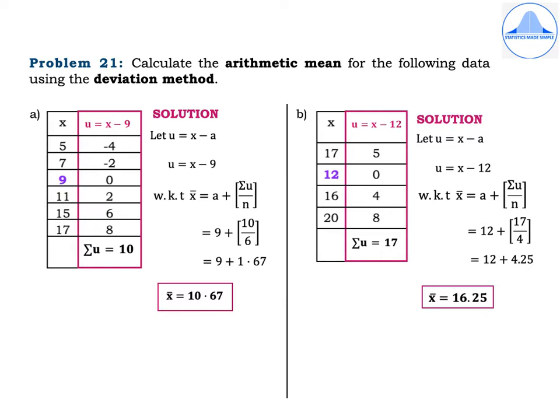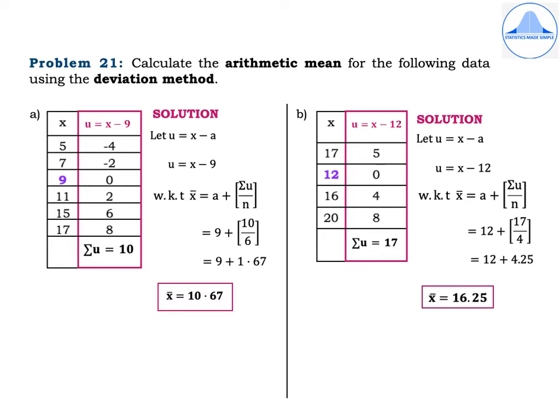Now in the table, you form the second column as u equal to x minus 9, and each x value is subtracted from 9 and listed down in the second column. So 5 minus 9 is minus 4, 7 minus 9 is minus 2, 9 minus 9 is 0, 11 minus 9 is 2, 15 minus 9 is 6, 17 minus 9 is 8, and you get summation u as equal to 10.